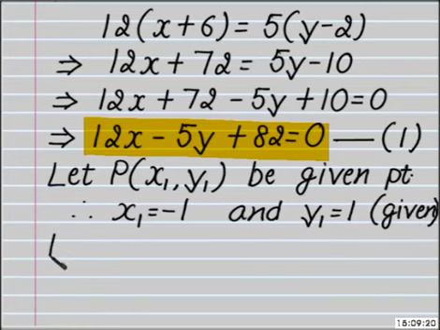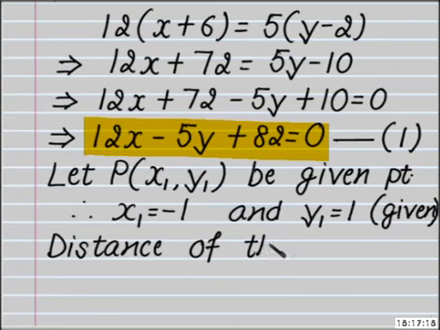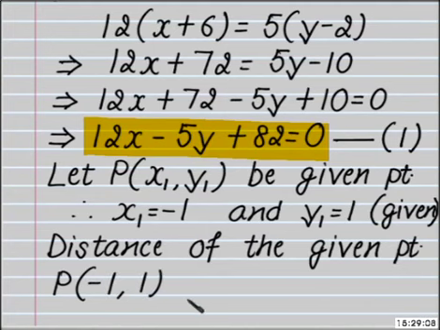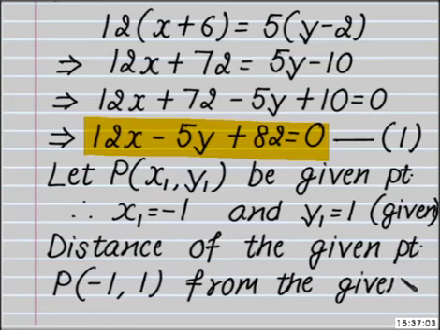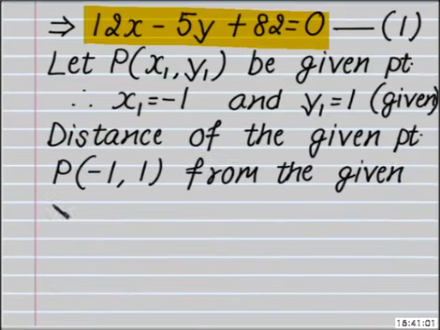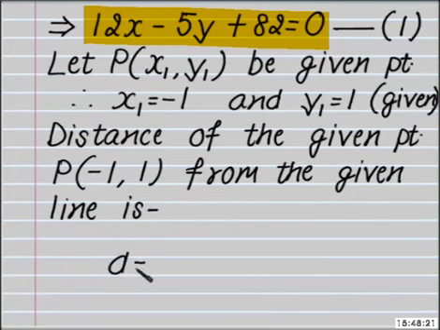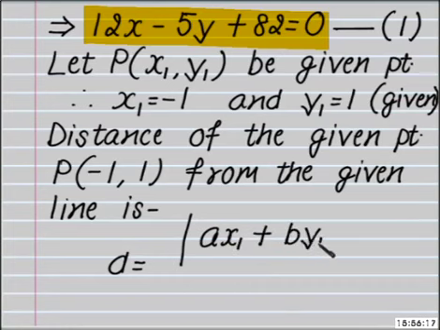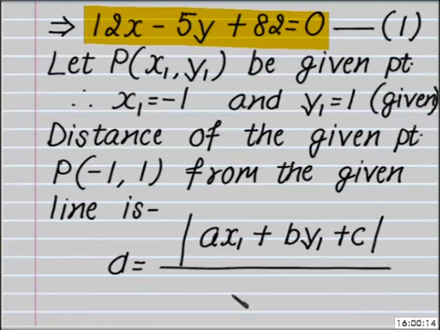So now the distance of the given point P with coordinates -1 and 1 from the given line is given by D equal to modulus of A x1 plus B y1 plus C upon square root of A square plus B square.